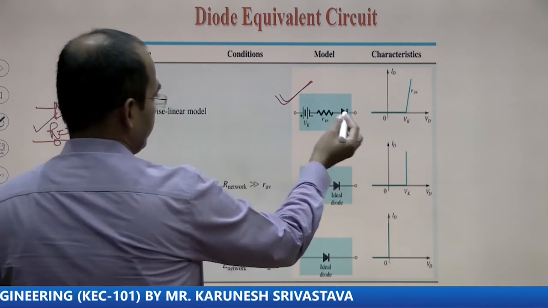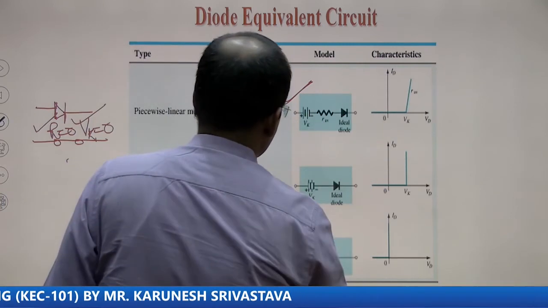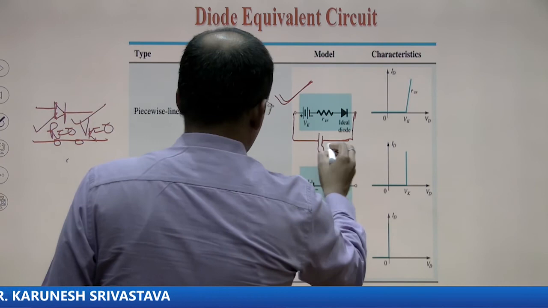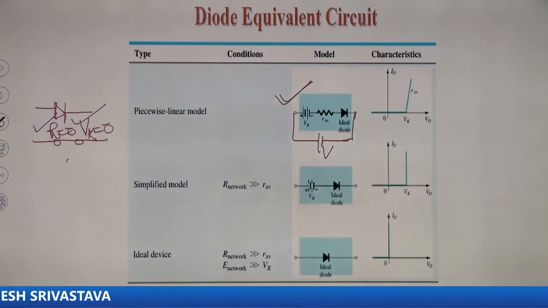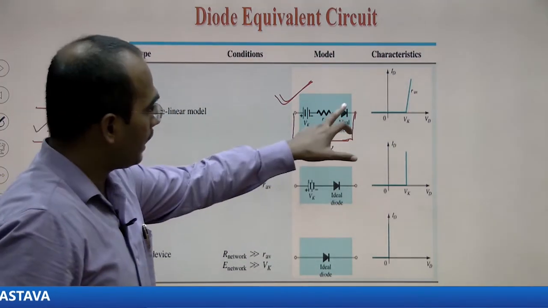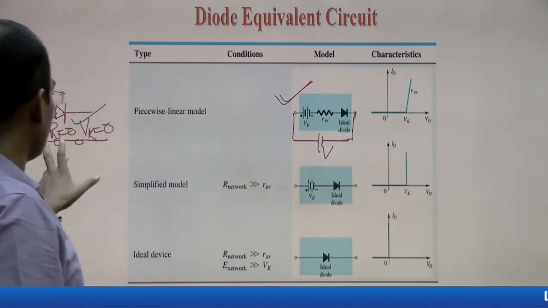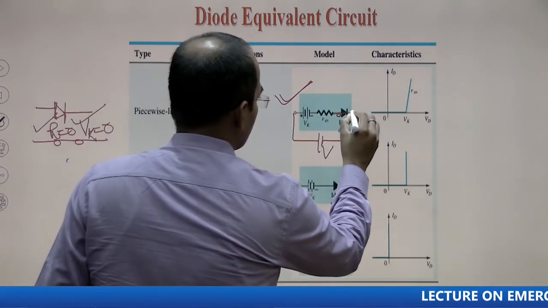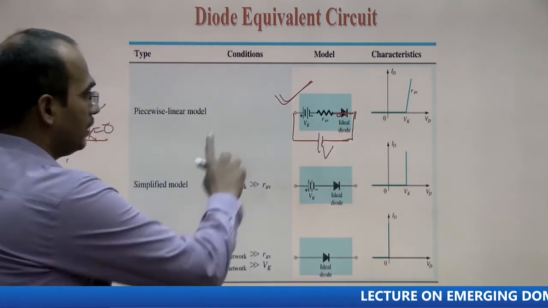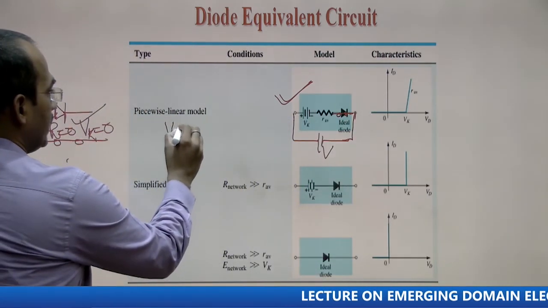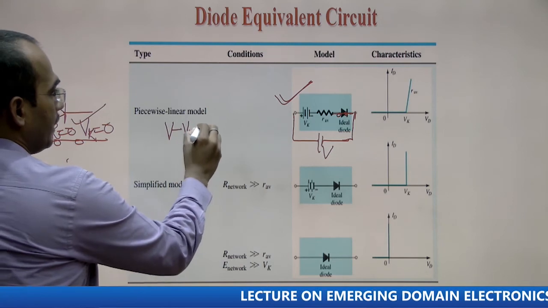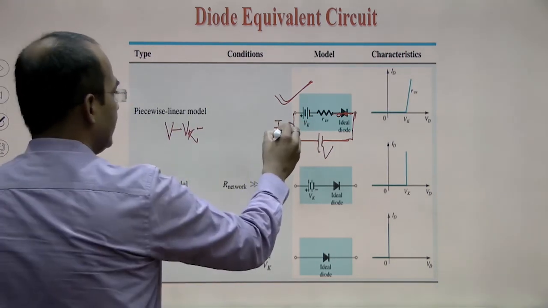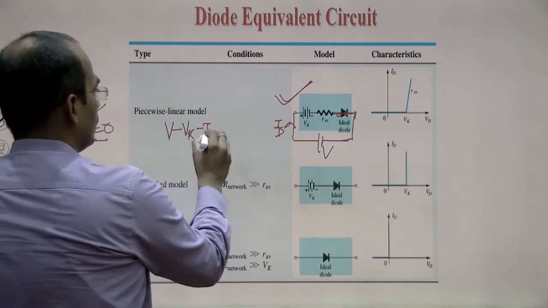When it is forward biased, how will I draw the VI characteristic? I will simply connect this with the forward bias voltage and apply KVL. I will replace this ideal diode by a short circuit. Then I apply V minus Vk minus ID into RAV is equal to 0, where the current flowing through this is I or ID.